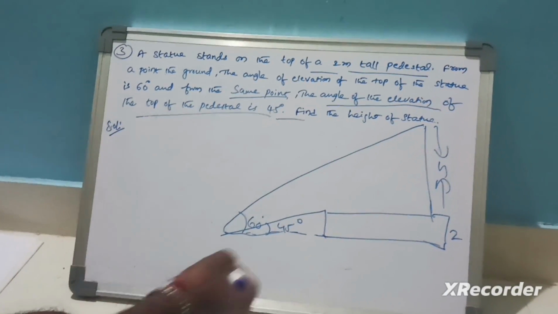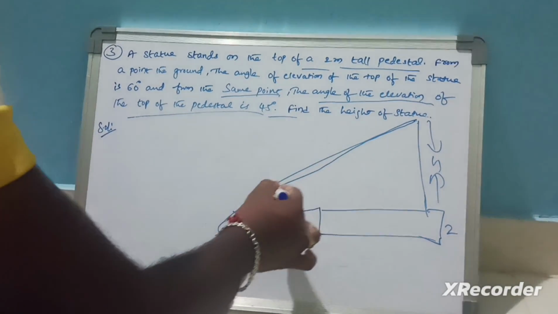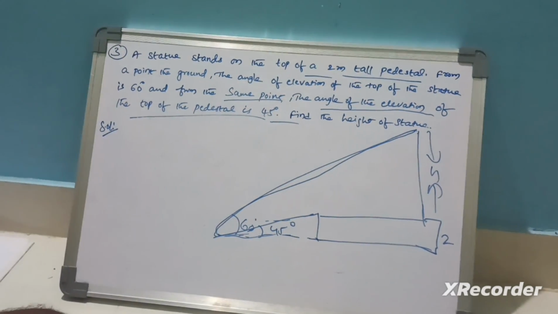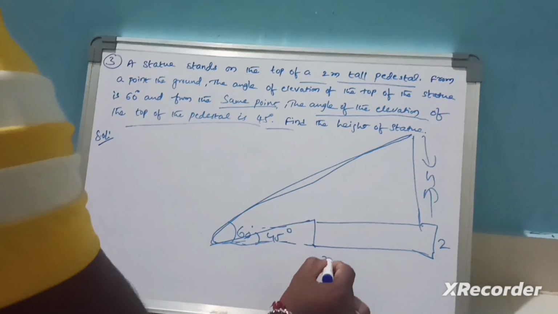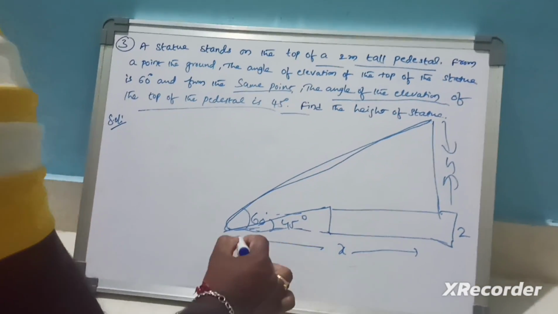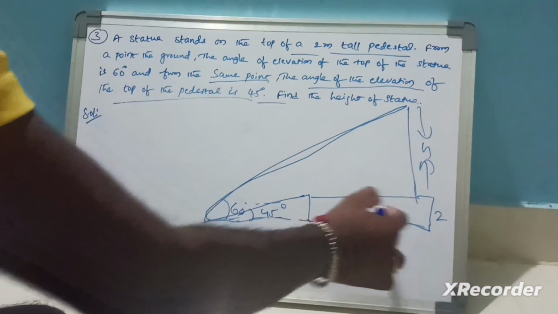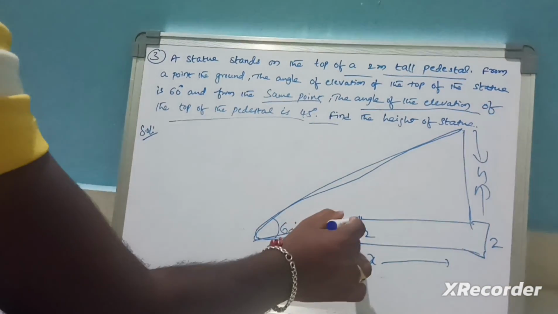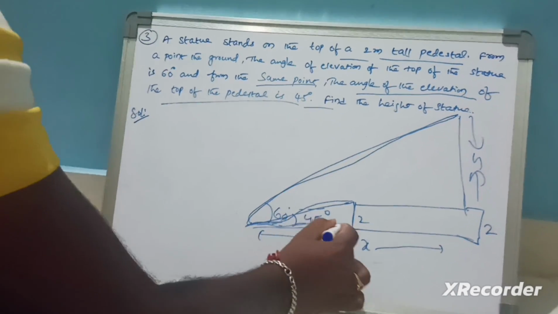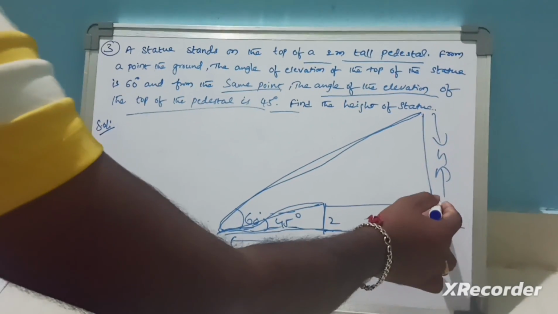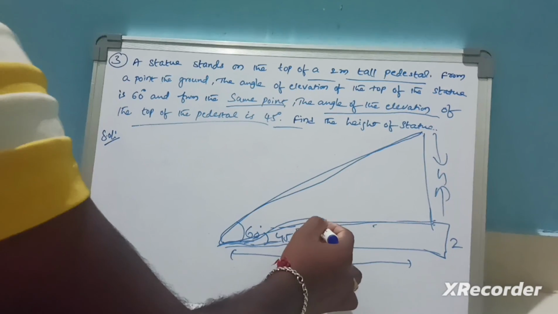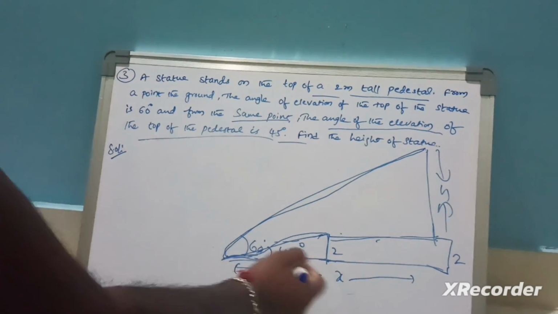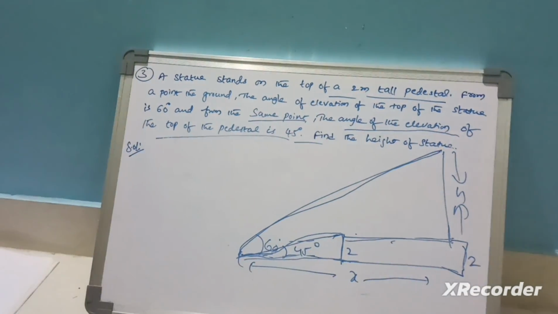Here we have two triangles, one here and this one. Let's say this is x. Now here it is 2. From this triangle I'm applying tan 45. Let's say it's the same triangle, and the distance from here to here is x.